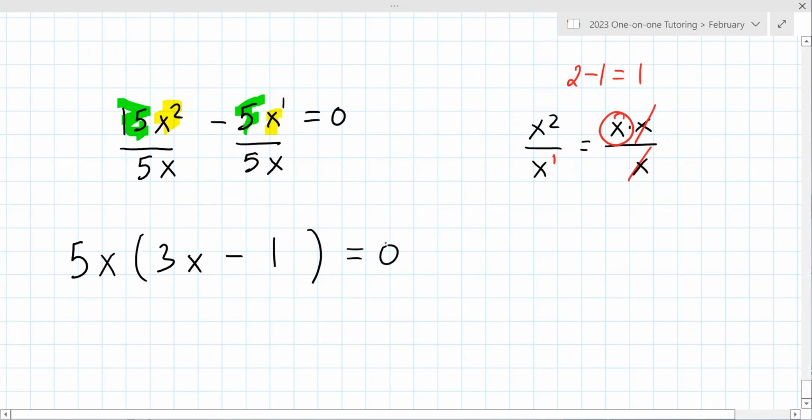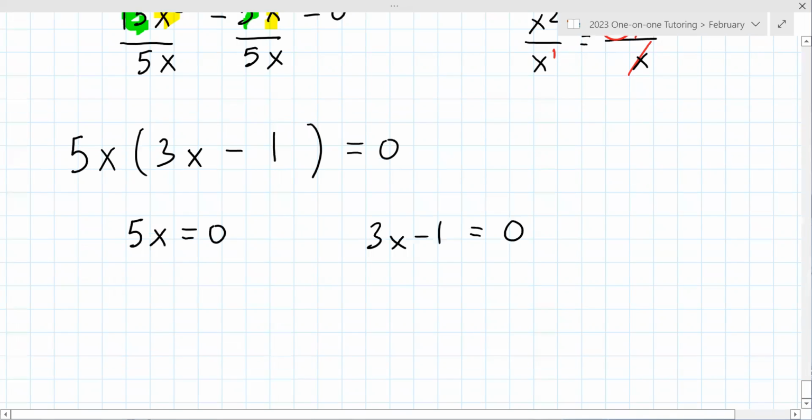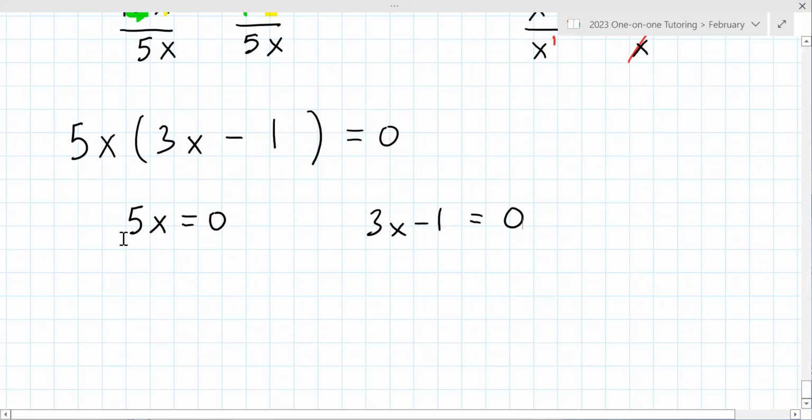So now you set each of these equal to 0. 5x equal to 0 and 3x minus 1 equal to 0. How do you solve the one on the left? Focus on the side with the variable. Divide by 5. So x equals, try again. 0.